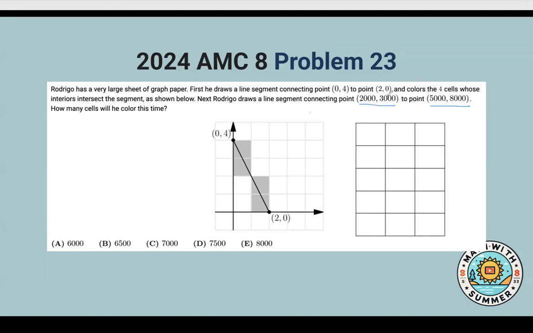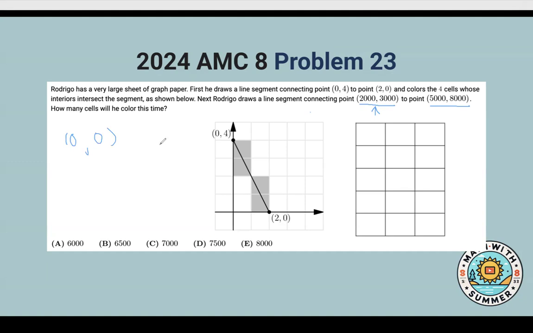What I'm going to start by doing is simplifying the problem a little bit. So instead of (2000, 3000) to (5000, 8000), I'm just going to move this entire line so that this point lies on the origin instead. So I would make (2000, 3000) into (0, 0), just to make it a little bit simpler.